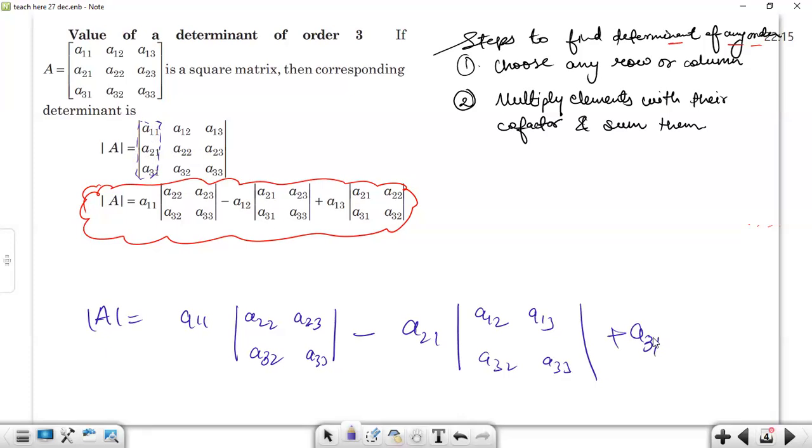Now why plus A31? Because 3 plus 1 is an even number. So minus 1 raised to power even number will make it a positive term. So now the determinant of the remaining A12, A13, A22, A23. Similarly, we'll be able to find the different formulas of determinant using the same method.